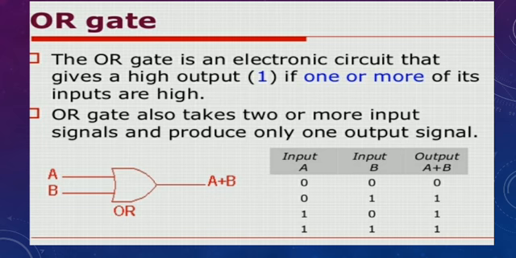Here is the symbol: two inputs, only one output. A plus B is the Boolean formula. In this case, if both inputs are low, the output is low. If any input is high, definitely the output is high.